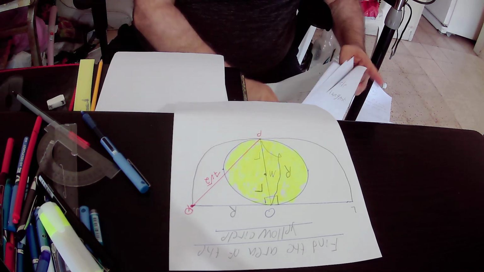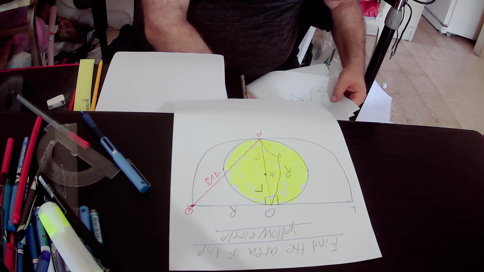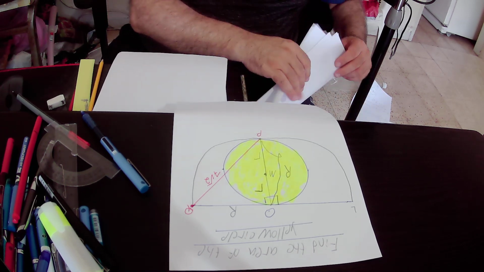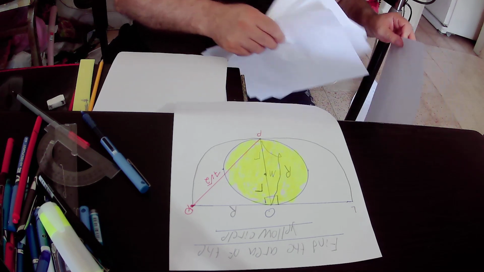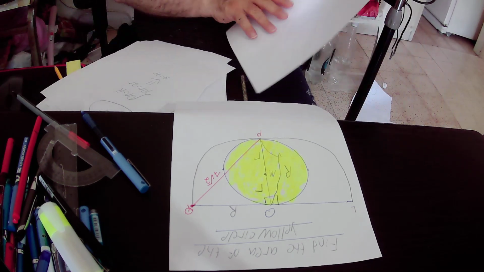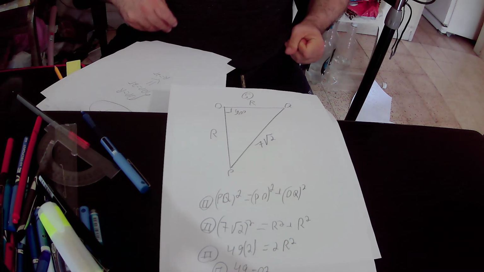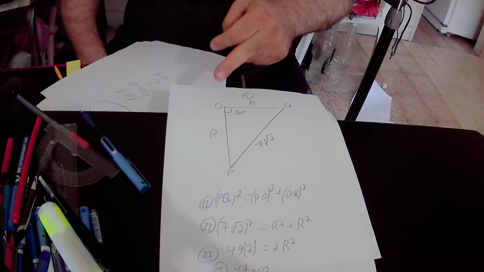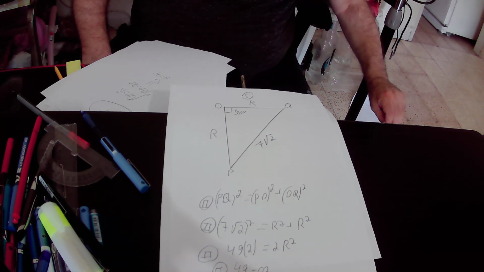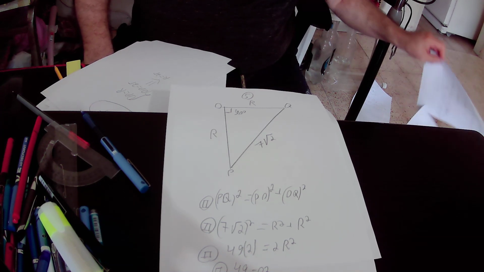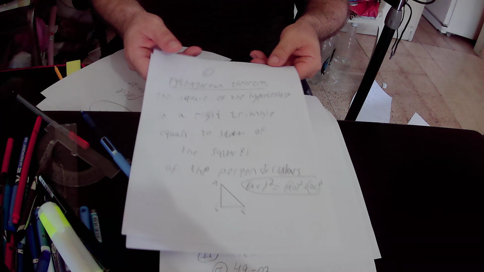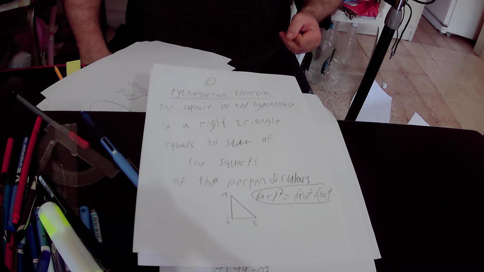So we drew again the right triangle POQ, and we implemented the Pythagorean theorem in order to find the value of capital R. The Pythagorean theorem states that the square of the hypotenuse in a right triangle equals the sum of the squares of the perpendicular sides.